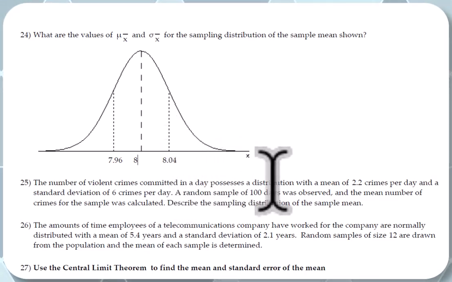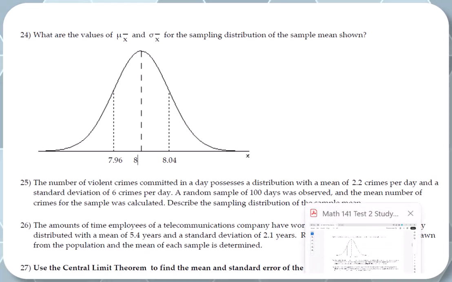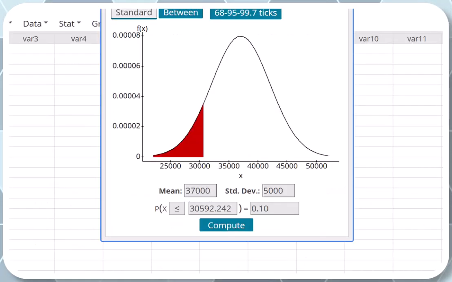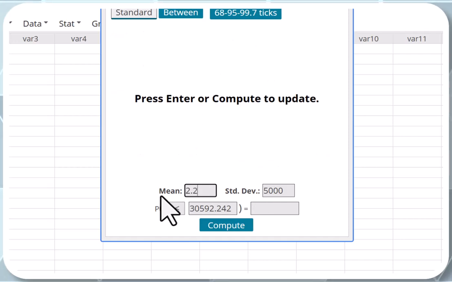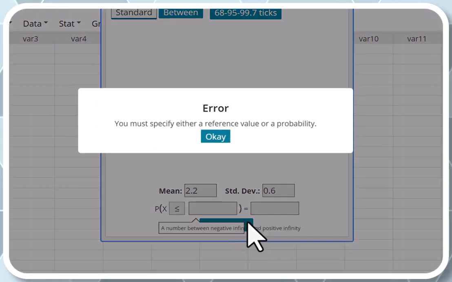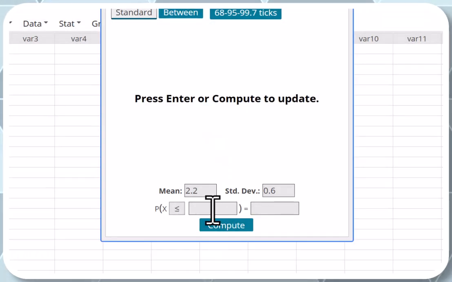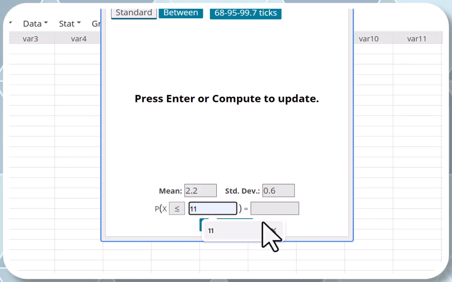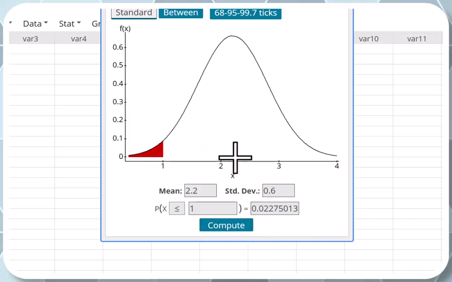And let me show you how that would look under the normal curve. So 2.2 right here, 0.6 there, and let me just show you. But we have to put something here. So look, this is the 2.2, that's the mean.